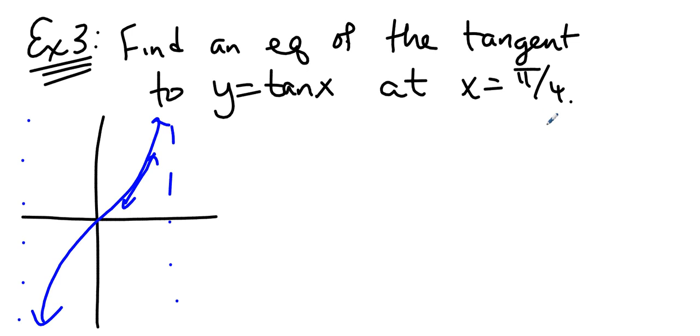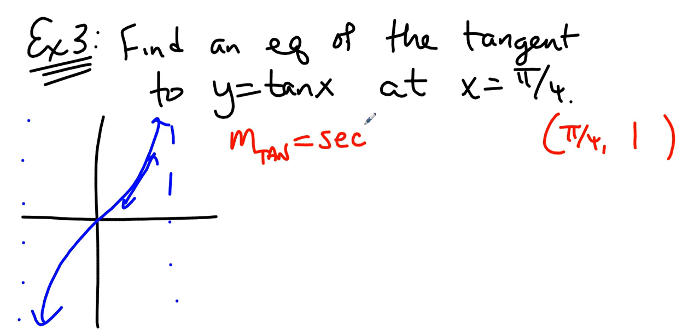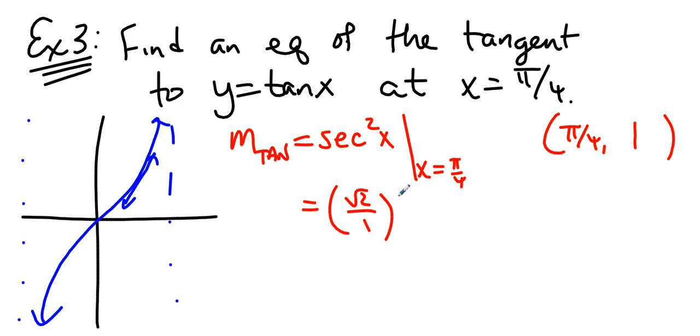It is worth noting that at pi over 4, the y value is the tangent of pi over 4, and that happens to be 1. Now to find the slope of the tangent line. The slope of the tangent line is the derivative of this function. Well, that was secant squared x evaluated at pi over 4. Well, what's that? The secant of pi over 4 is the reciprocal of the cosine of pi over 4. 1 over root 2 is the cosine of pi over 4. So we take that reciprocal and square it, and that turns out to be 2.